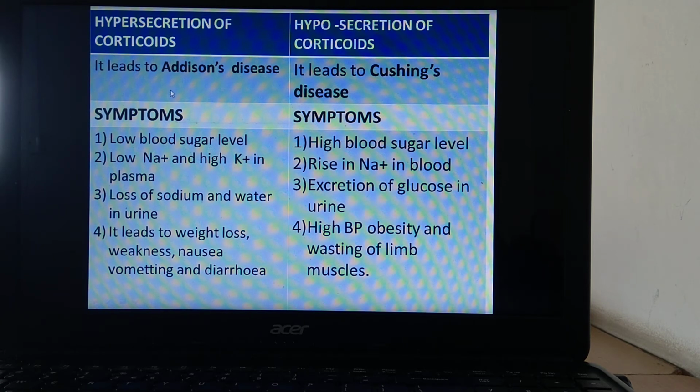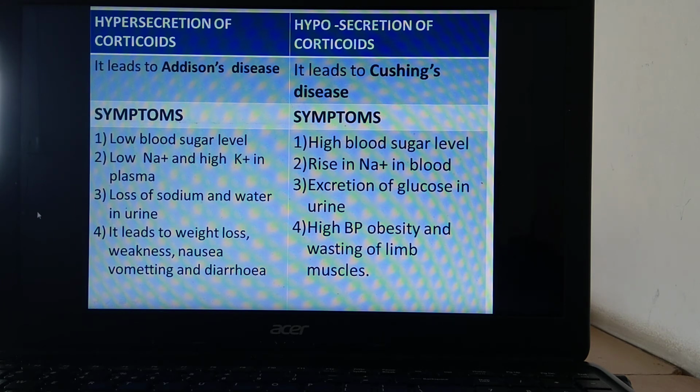Okay, second one is hyposecretion of corticoids. This hyposecretion of corticoids leads to Cushing's disease. What are the symptoms of Cushing's disease? It leads to high blood sugar level, rise in sodium in blood, excretion of glucose in urine, and there will be high BP, obesity and wasting of limb muscles.